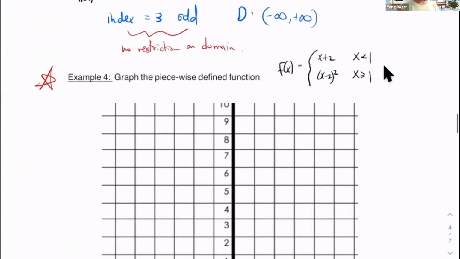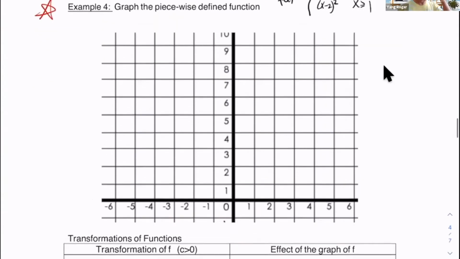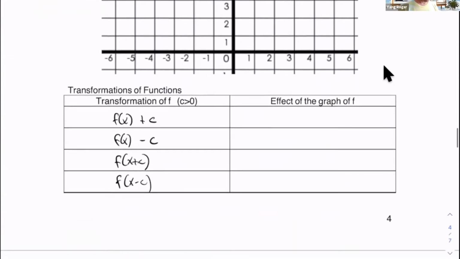I'm gonna come back to example 4 because I want to talk about shifting. I want to talk about transformations first. After I talk about transformations, it'll be easier for us to graph this guy here. So stay tuned. Sorry, I kind of hyped it and then I said we'll get back to it.